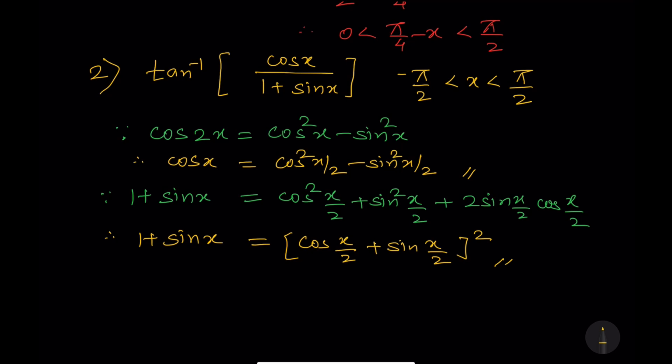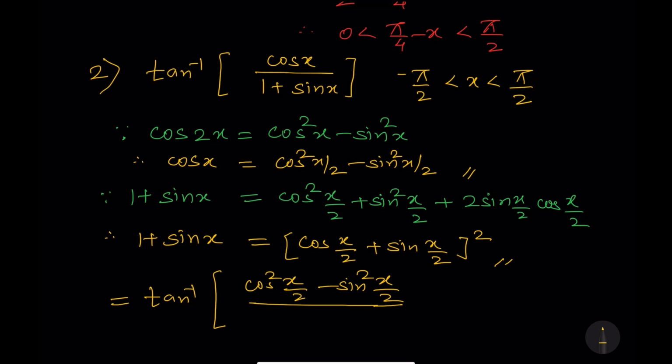Fine. So let's substitute for cos x and for 1 plus sin x. So we get tan inverse of: numerator replaced with cos square (x by 2) minus sin square (x by 2), and denominator a perfect square, (cos (x by 2) plus sin (x by 2)) whole square.